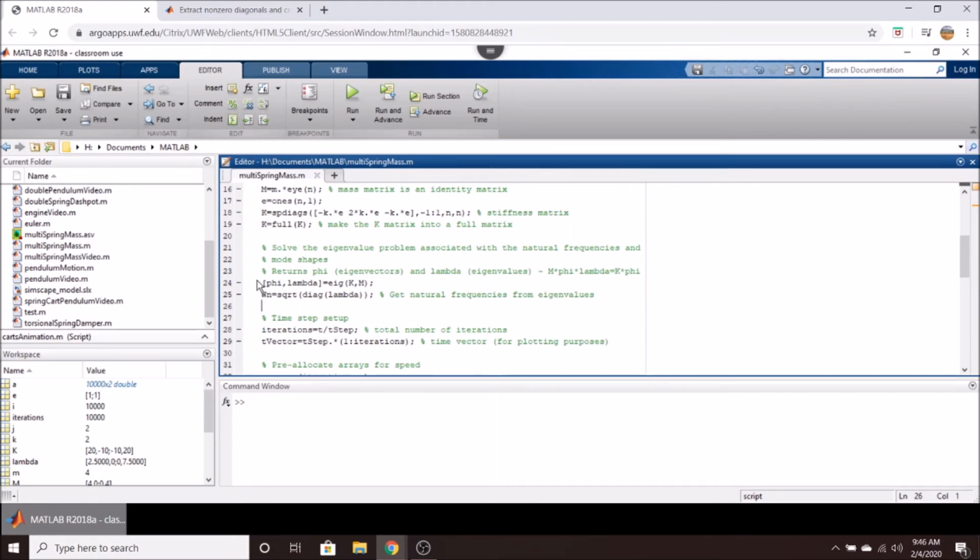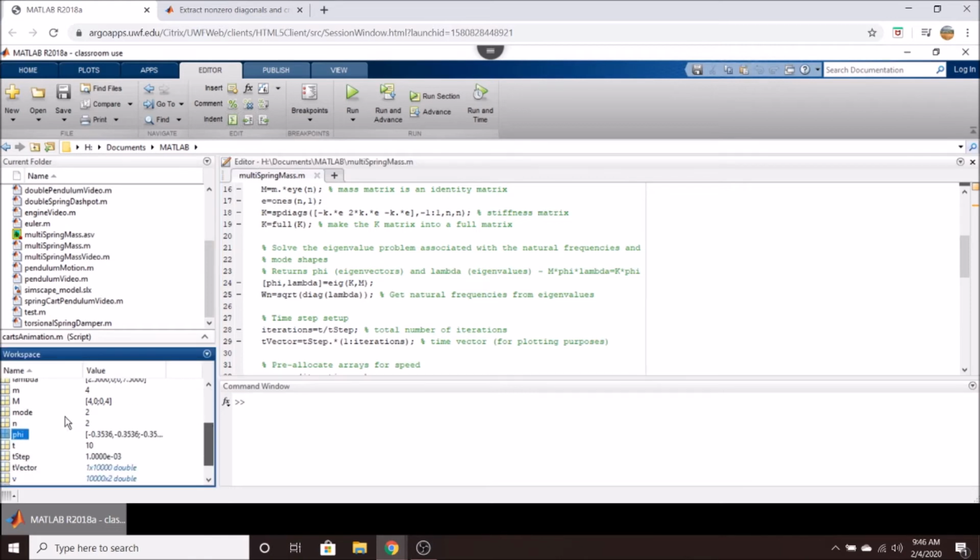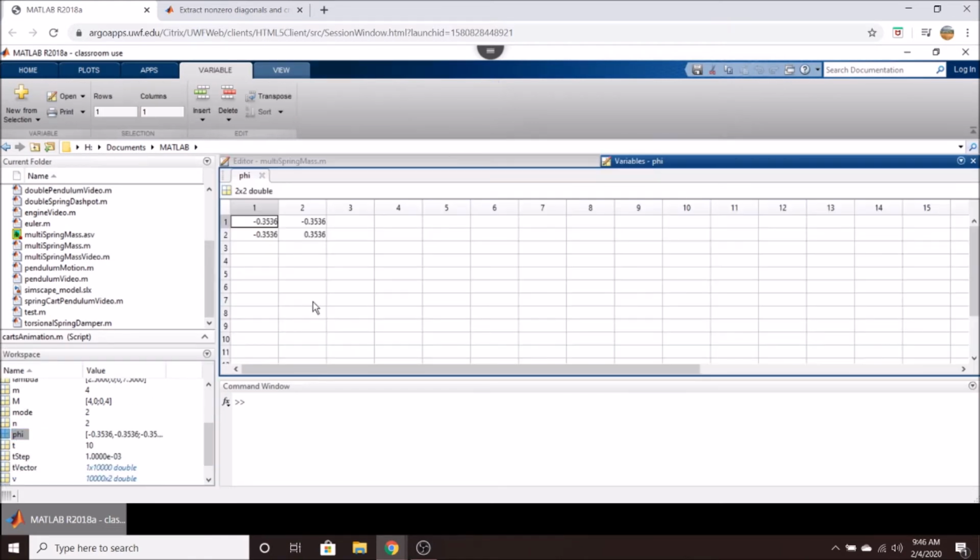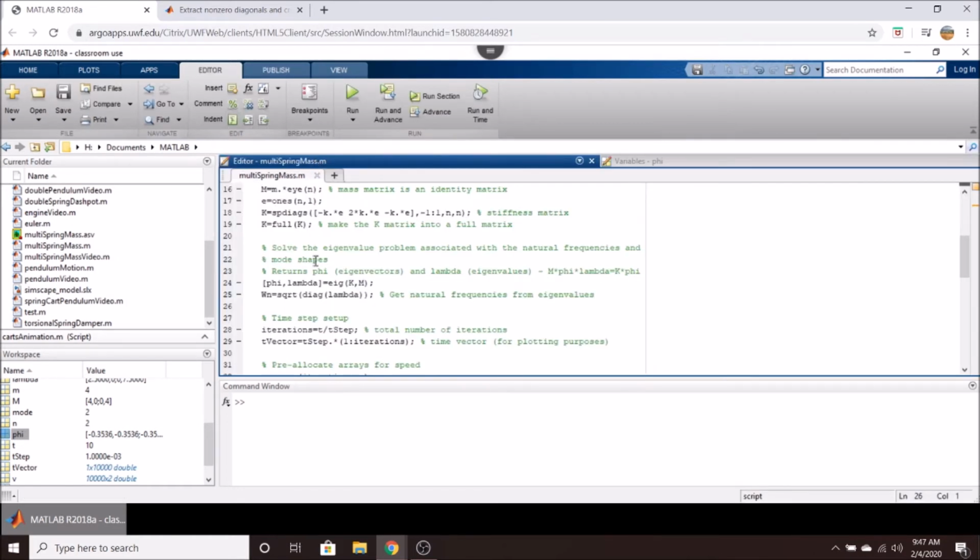So each column of phi that we can take a look at here represents one mode shape. So for this 2-mass system, column 1 are the displacements that lead to your first mode shape, and column 2 are the displacements for your second mode shape. And then lambda is the square of our natural frequencies. So then in the next line we find our natural frequencies by taking the square root of the eigenvalues.